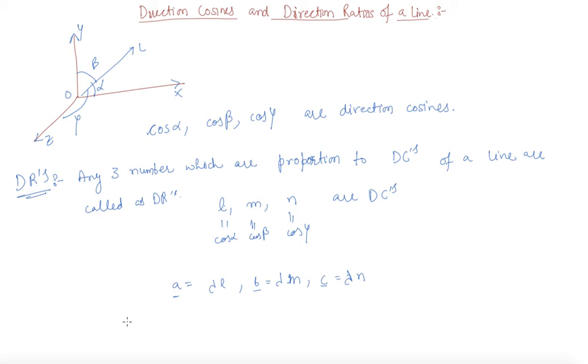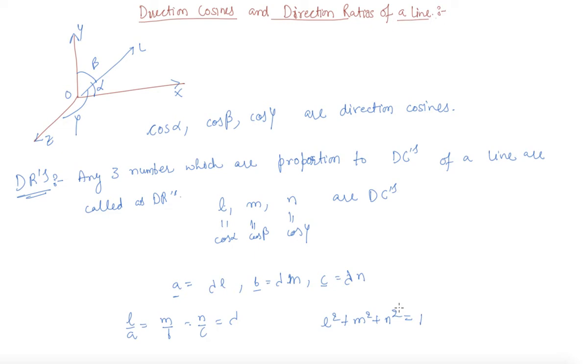So I can take the ratio l by a is equal to m by b is equal to n by c is equal to some constant lambda, and if I take l square plus m square plus n square, this always gives 1. So these are all about direction ratios and direction cosines.